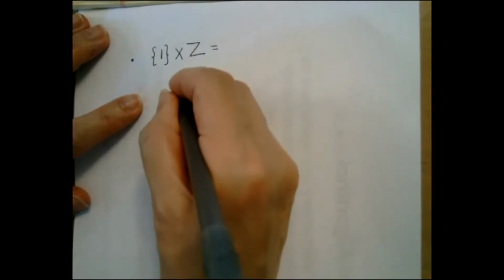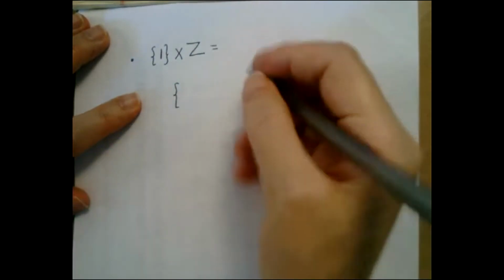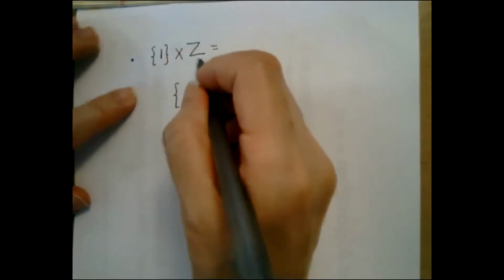Suppose let me take the following Cartesian product: {1}, that's my first set, cross Z. You know what Z is? Okay, let us list the elements. Who can give me one element in this Cartesian product? Get going. Tim.